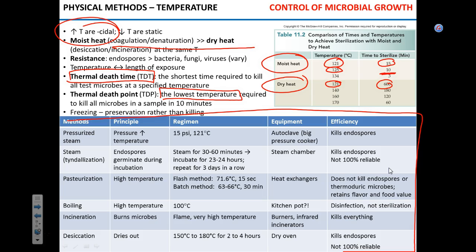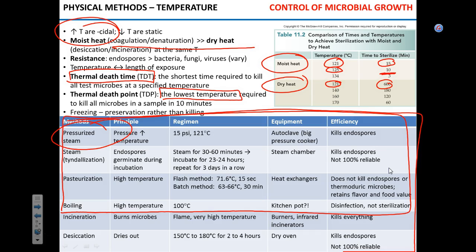Now what about heat? So, moist. Everything up here is the moist heat. Pressurized steam. Autoclave. I'm going to point over there. There's an autoclave behind that wall. If you have a pressure cooker at home, it's a miniature example of an autoclave, pretty much.